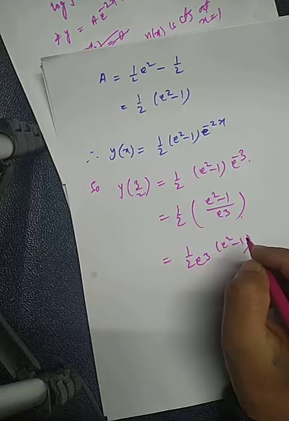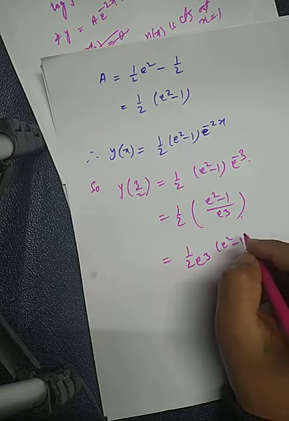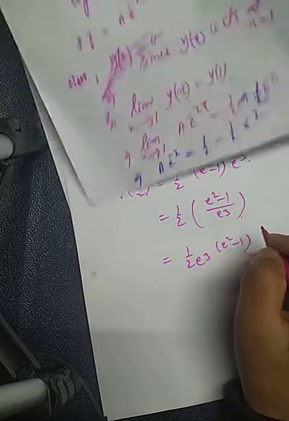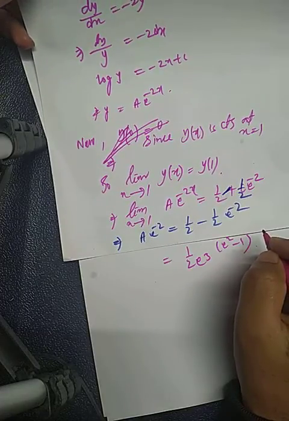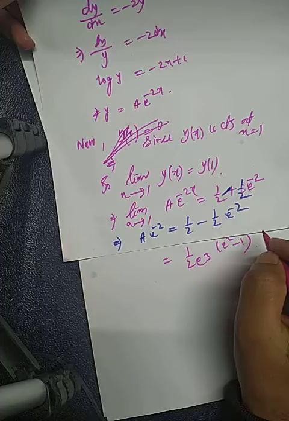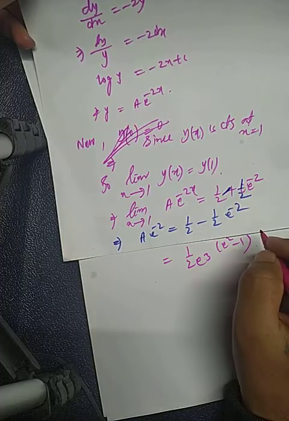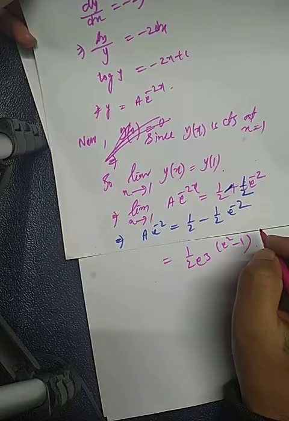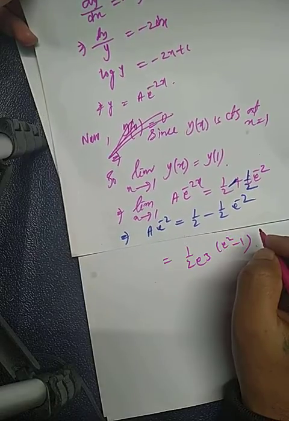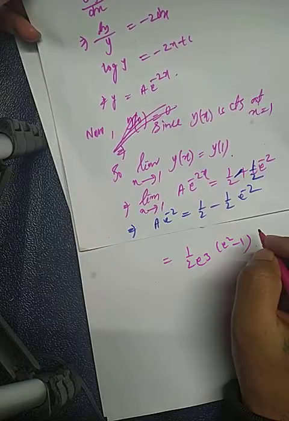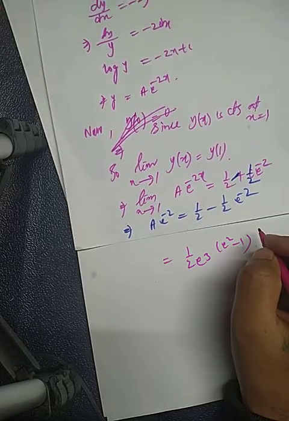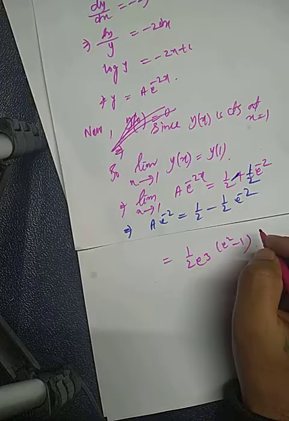I think something is missing, I don't know. c is equal to minus half.